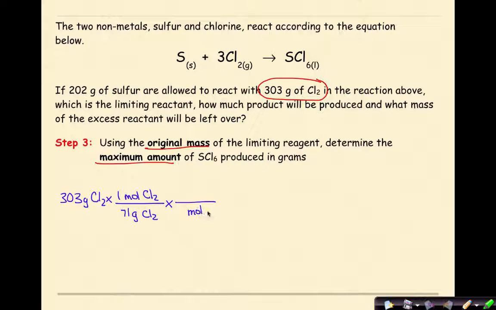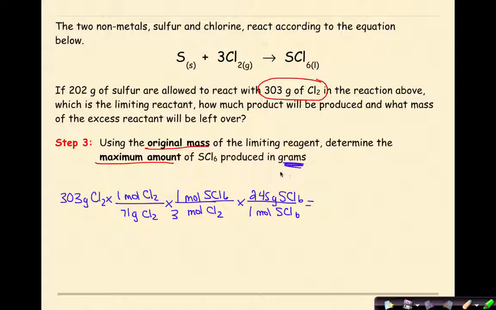I look at my balanced equation and I see that there's a coefficient of 1 in front of the SCl6 and a coefficient of 3 in front of the Cl2. Once I'm in moles of SCl6, I'm going to convert that into mass of SCl6. So I know that 1 mole of SCl6 is equal to approximately 245 grams of SCl6.